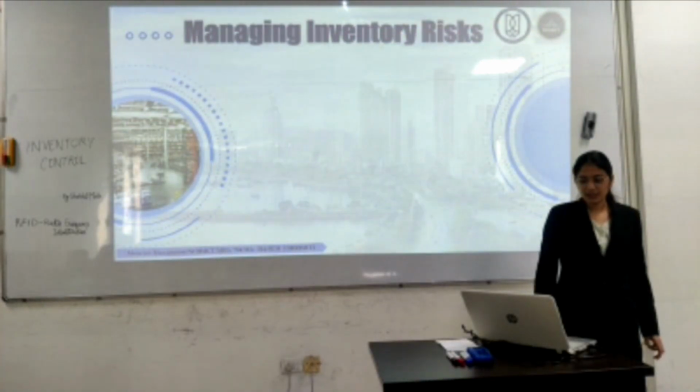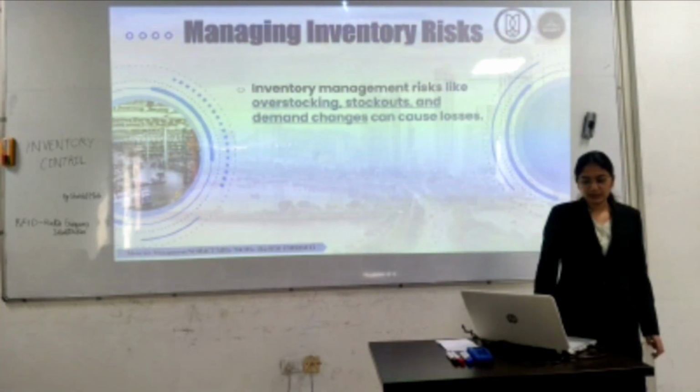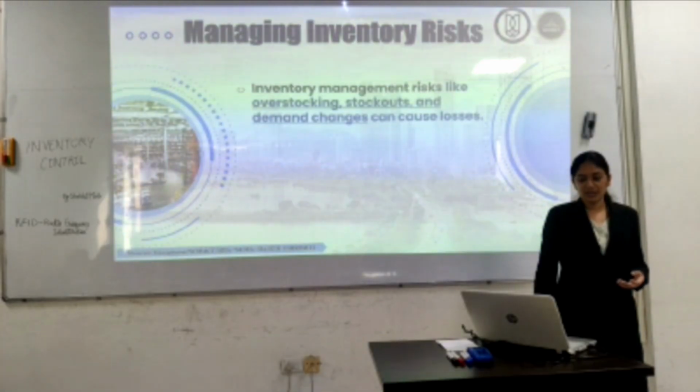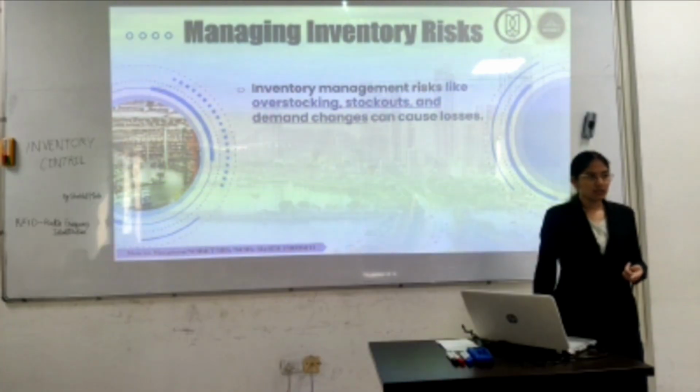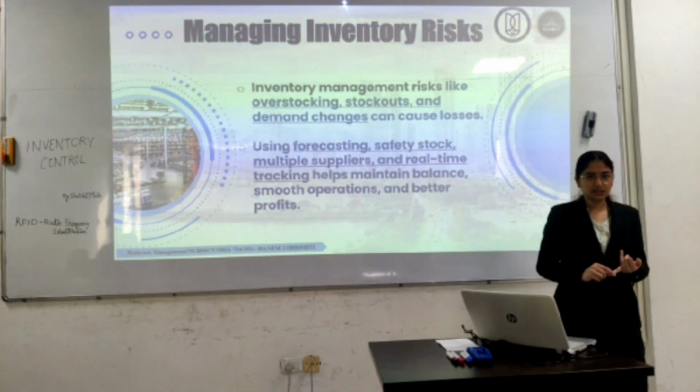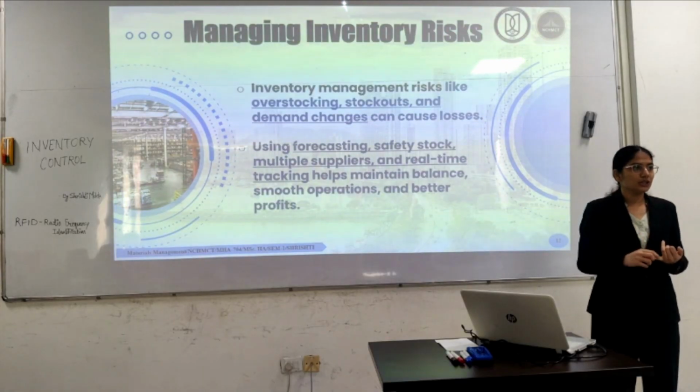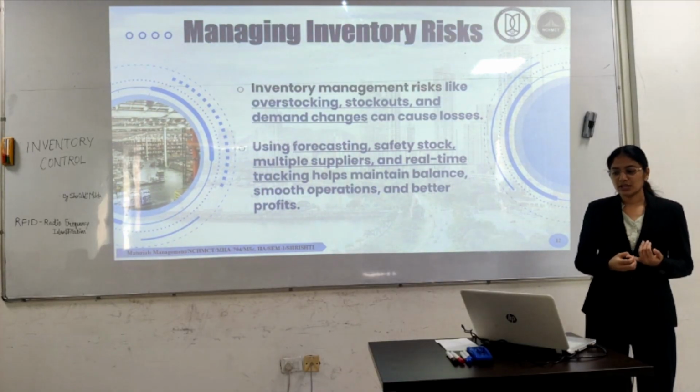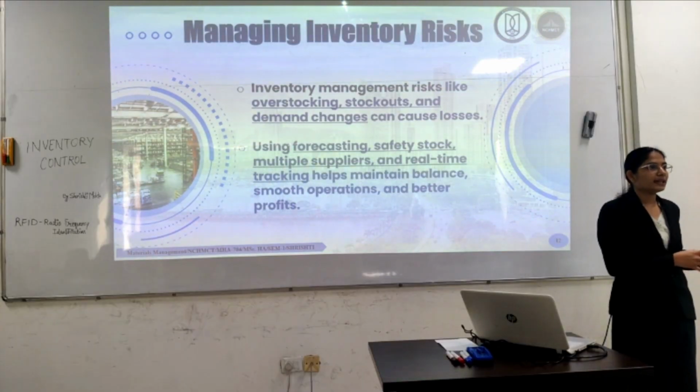Managing inventory risk, like how inventory risk can be managed. Some inventory risks can be overstocking, stock out, and demand change. Using forecasting to predict the future, keeping a safety stock, like emergency stock.